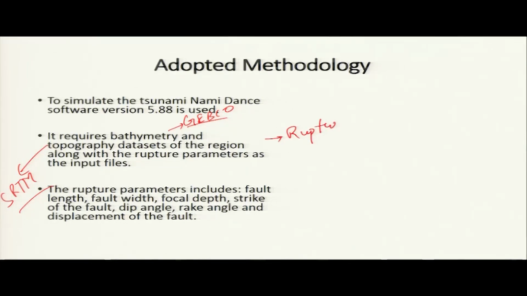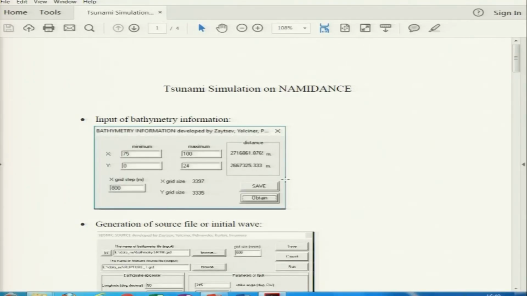That is the first wave which occurred during the volcanic eruption induced landslide or the earthquake. So, here are some snapshots from that software, NAMI DANCE. What we first do is input the bathymetry information, which means the information about the area in which you are working.